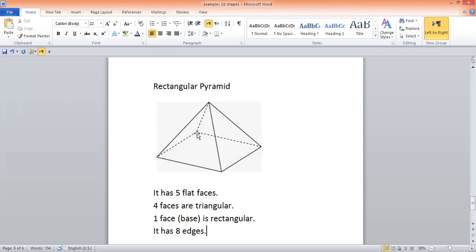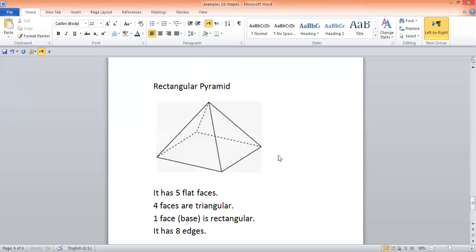This is now 5, 6, 7, and 8. Okay. Again, I repeat. Look at this triangle. This is 1, this is 2, and this is 3. 4, 5. Now check the dotted one. 6, 7, 8. It has 8 edges.